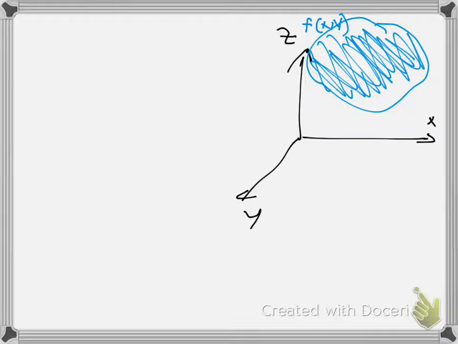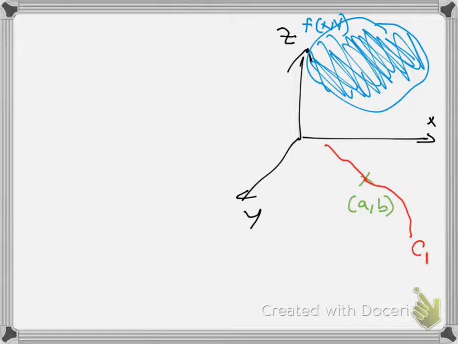Here's my point AB. And what you do is approach this point AB along some path C1. Again, it could be from the right, from the left, or along any path. It doesn't have to be a straight line. It could be like this path here. Okay, so this is my path C1.